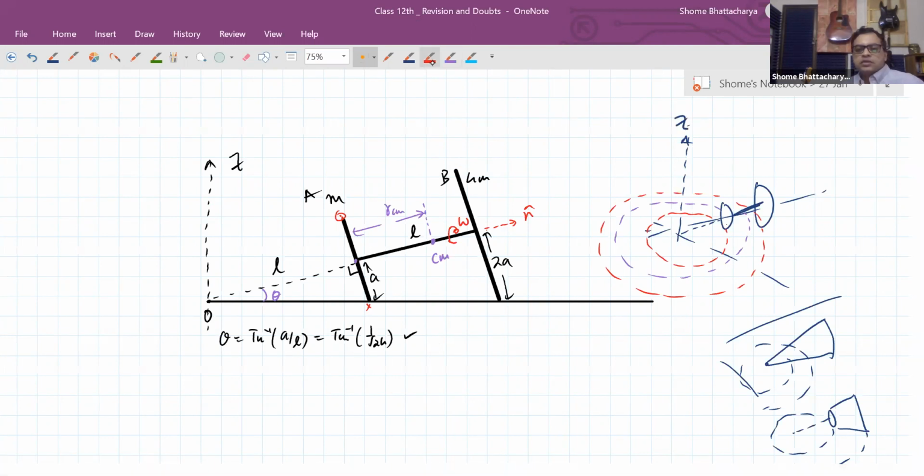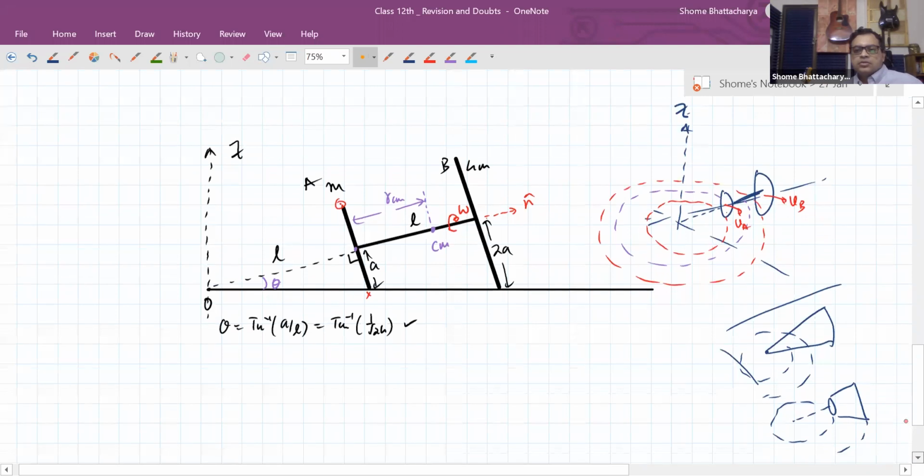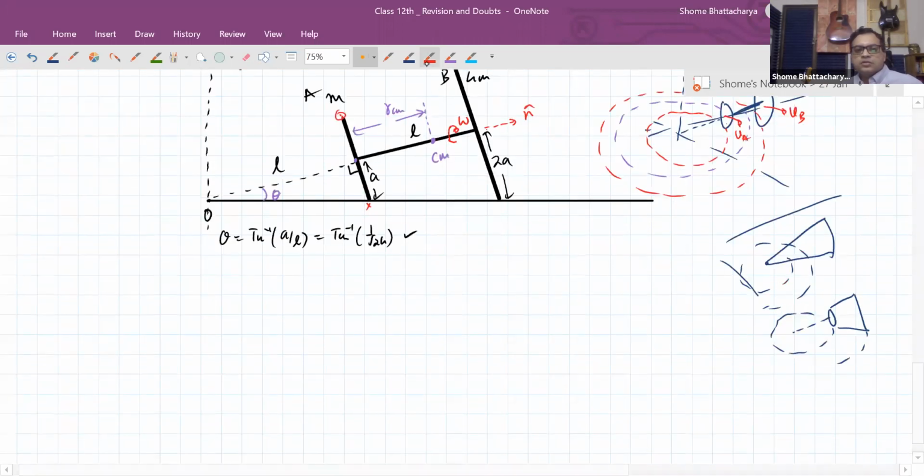Okay. So now you can see the velocity of this point, disk A's center, and the velocity of disk B's center. So disk A is rolling on the ground.